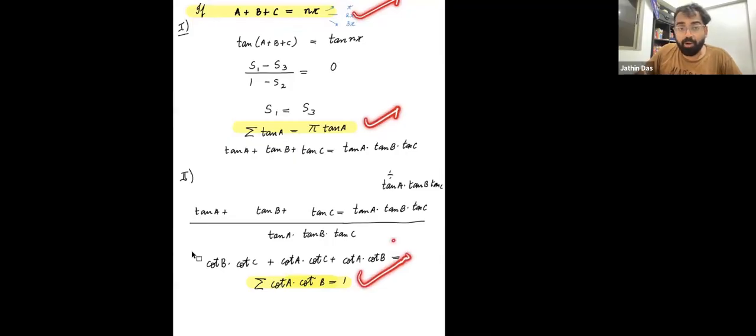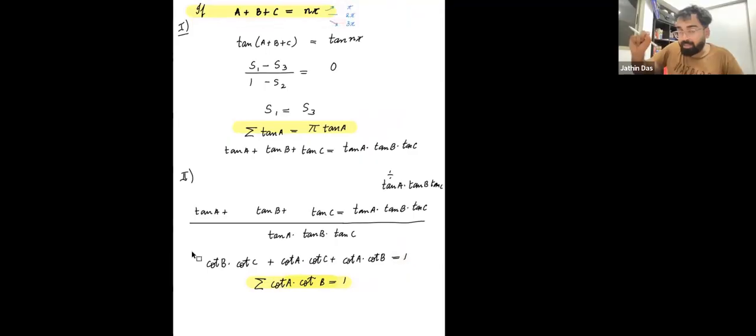Depending on the case and the problem, we'll apply whichever one I want. When A plus B plus C is an integral multiple of pi, then these two are true. What is true till now? Sum of tans is equal to product of tans. Or if I'm playing with cot angles, then S2 is equal to 1.